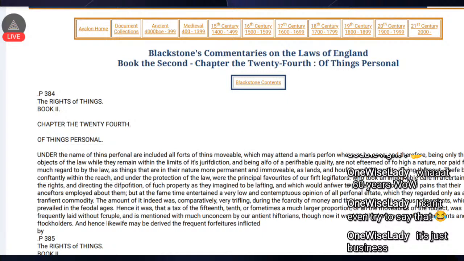The amount of it, indeed, was comparatively very trifling, during the scarcity of money and ignorance of luxurious refinements which prevailed in the feudal ages.